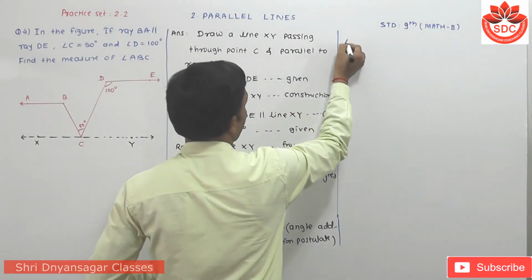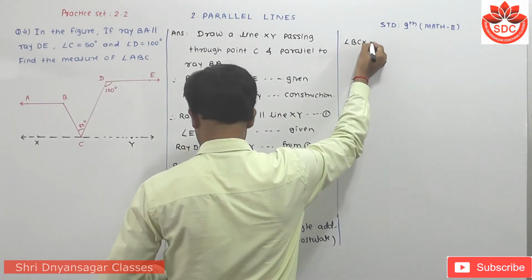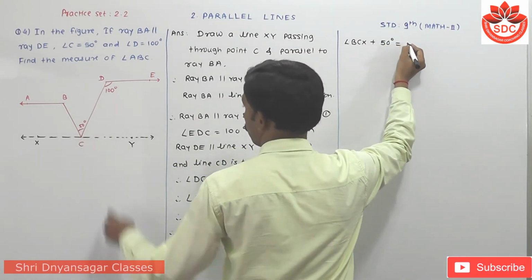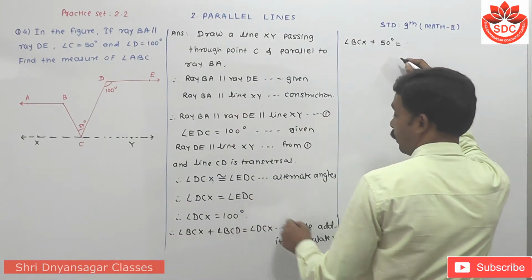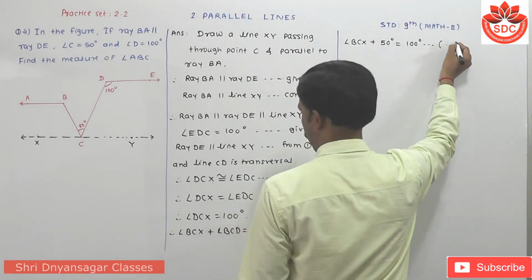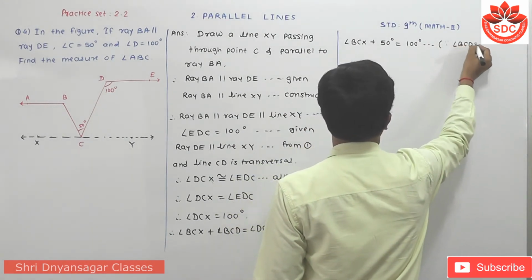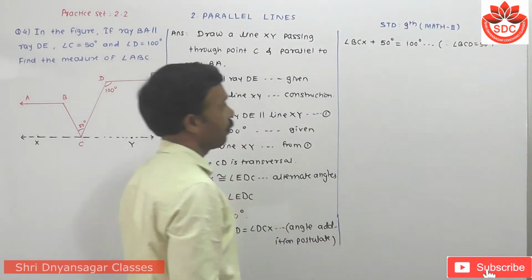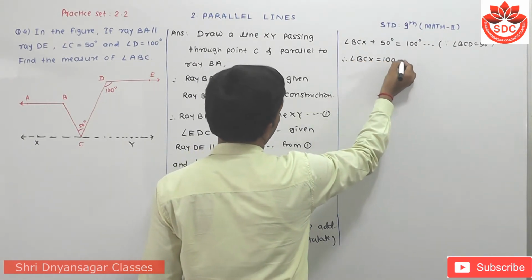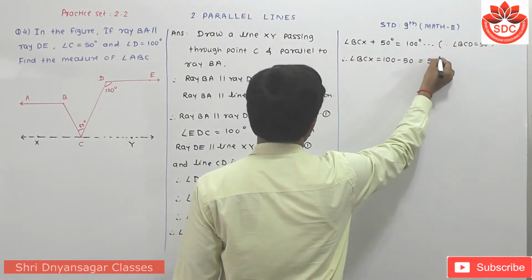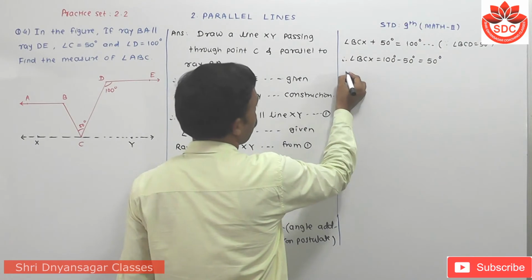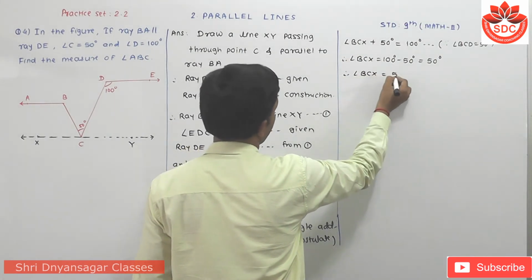BCX plus BCD, given here 50 degrees, is equal to how much? Angle DCX. DCX is 100 degrees, because angle BCD is equal to how much degree? 50 degrees. Then transpose here. Therefore, angle BCX is equal to 100 minus 50, equal to how much degree? 50 degrees. This is angle BCX. So, angle BCX is equal to 50 degrees.